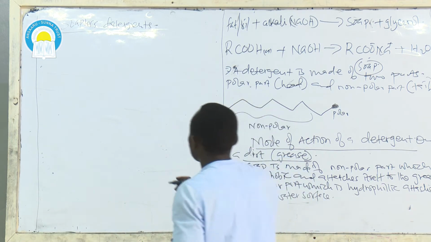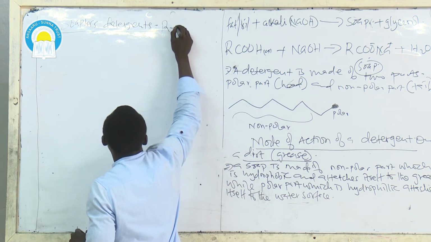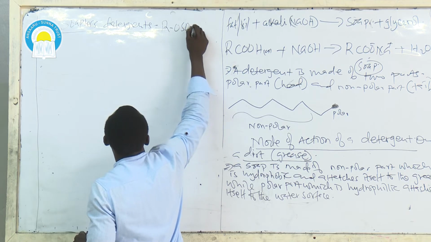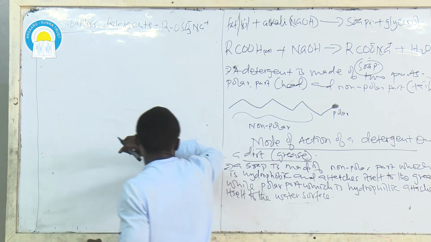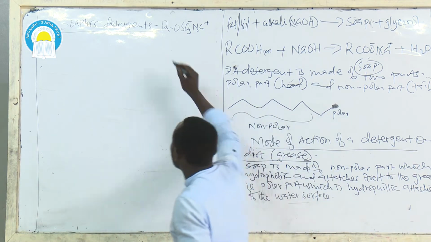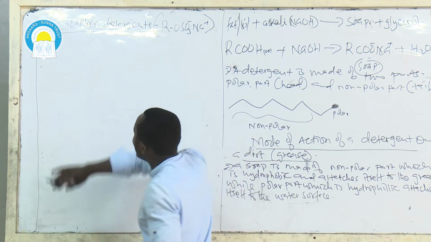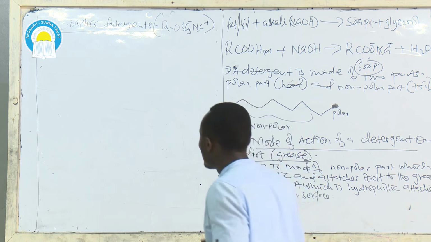So the overall representation of this one here is ROSO3Na, positive, negative. So these ones have the sulfonate part, but the soapy ones had the carboxylate part. This is the overall representation of the soapless detergents. How are the soapless detergents formed?